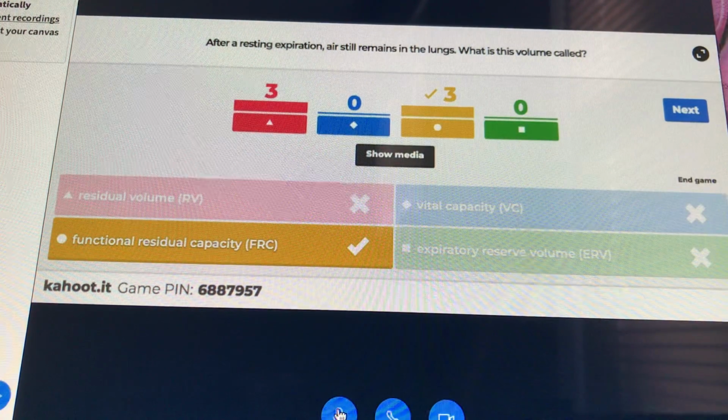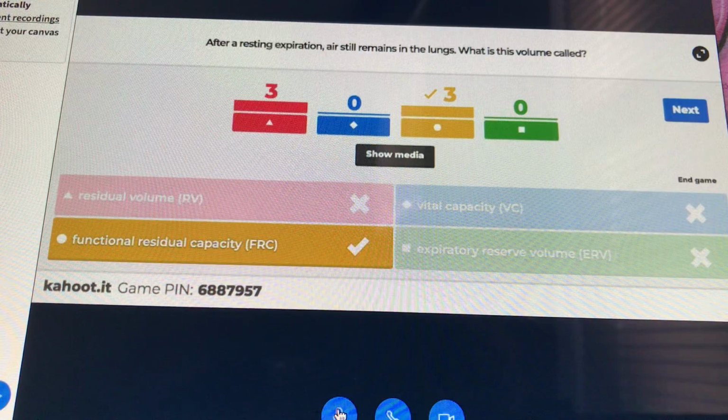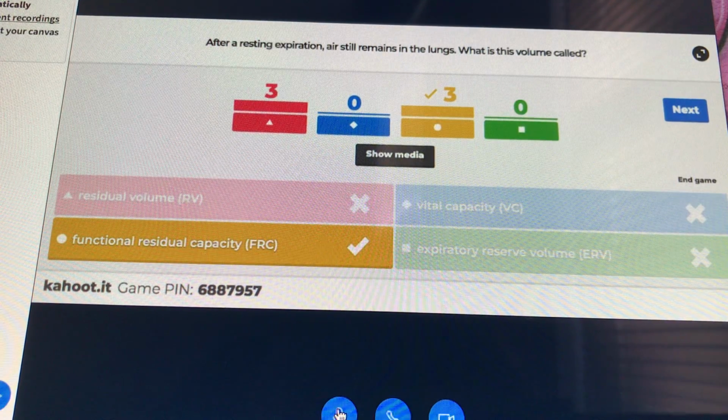So after a normal, quiet, resting expiration, you still have air that stays in the lungs. This was asked earlier, but worded differently. Left in your lungs after your tidal volume, that's your ERV plus your RV, or your FRC. Any questions about that?